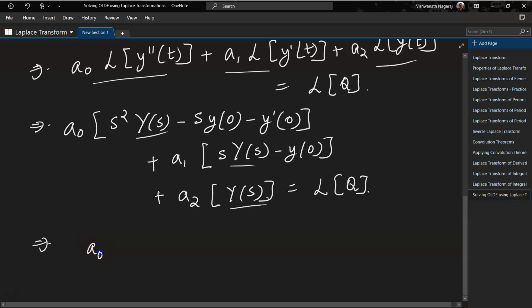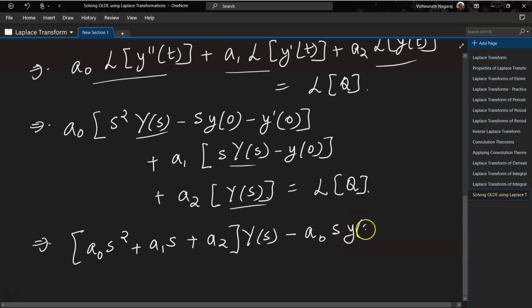So this would be a naught s square plus a1 s plus a2, and common here is capital Y of s, minus a naught s y of 0 minus a naught y prime of 0 minus a1 y of 0 equal to Laplace of q.